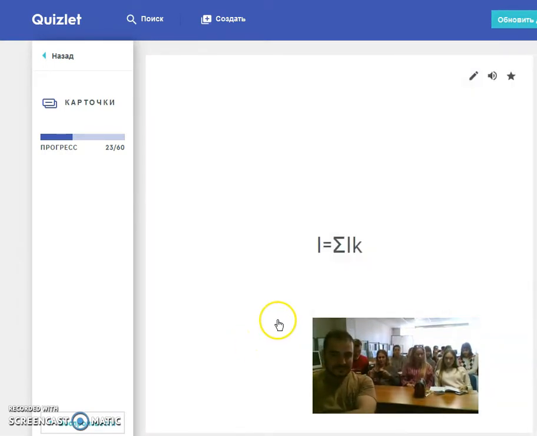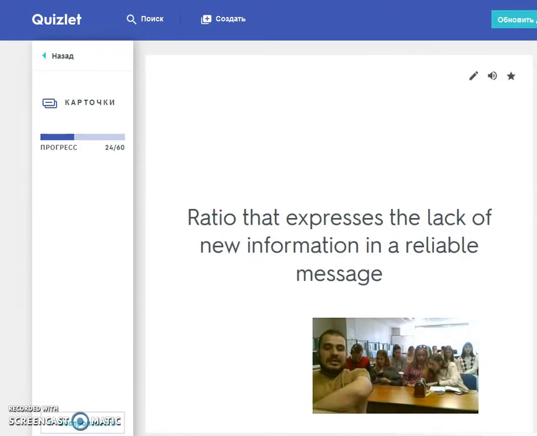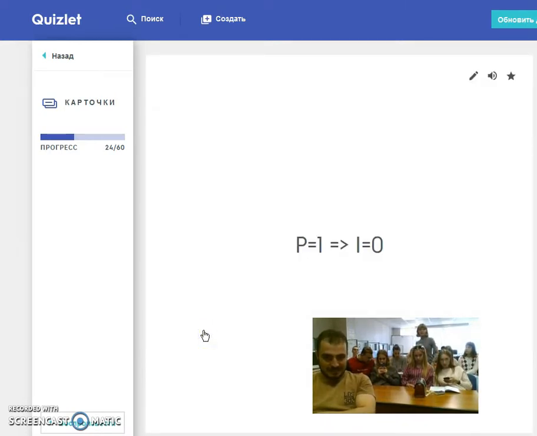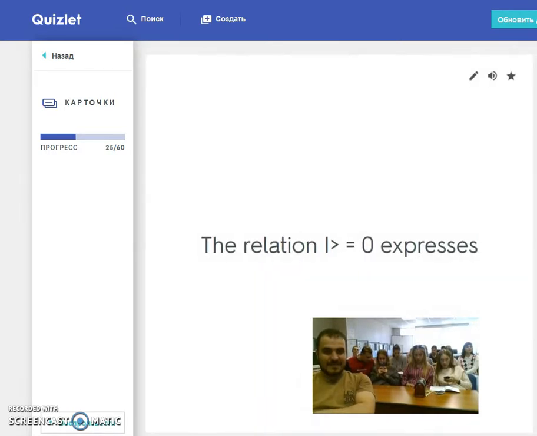This relation expresses the lack of new information in a reliable message. The relation I less than or equal to 0 expresses.